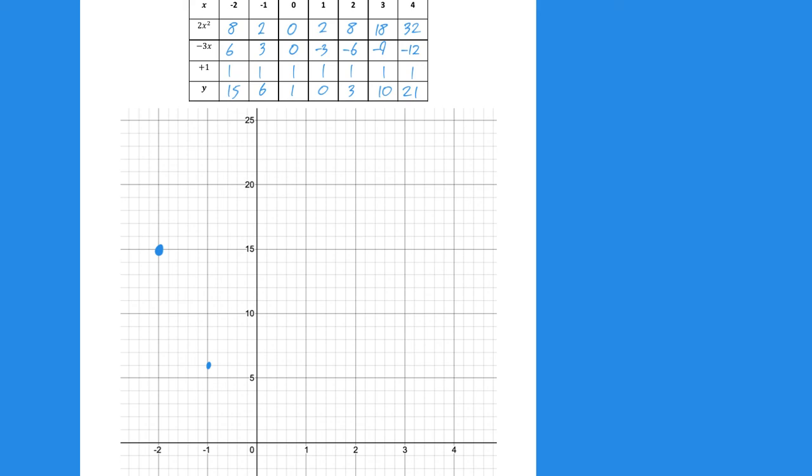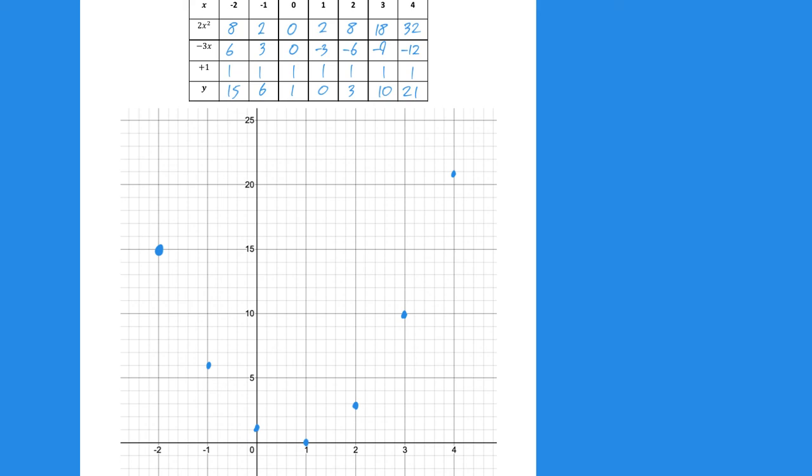When x is equal to 0, my y value is 1. When x is equal to 1, my y value is 0. When x is equal to 2, my y value is 3. When x is equal to 3, my y value is 10. And when x is equal to 4, my y value is 21.